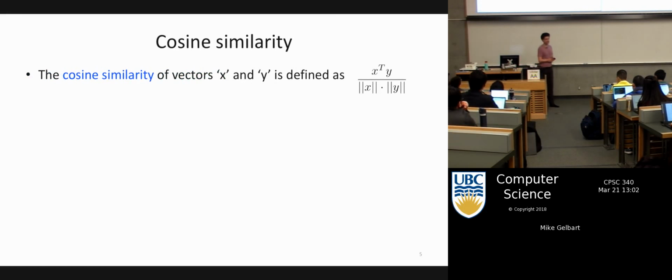So cosine similarity has its name because it's the cosine of the angle between two vectors. One way of defining the dot product is the norm of this times the norm of that times the cosine of the angle between them. So we can write the cosine of the angle like this: the dot product between two vectors divided by their norms.